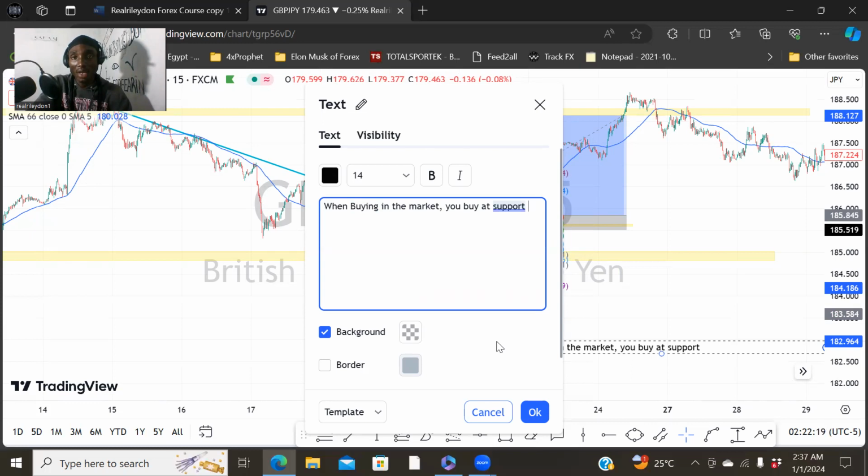When buying in the market, you buy at support, and take profit at resistance.